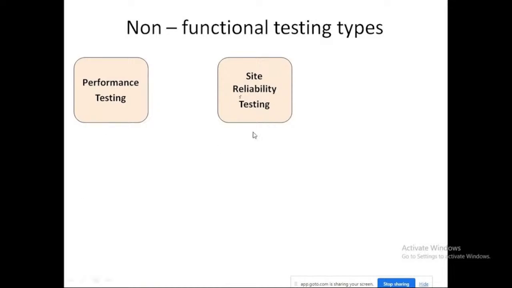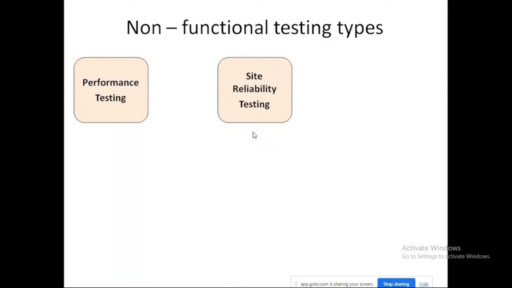Let's say there is no earthquake, but my application goes down. The functionality might be working, but if the application itself is not up and running, what will I do with the functionality? Site reliability testing is otherwise known as operational acceptance testing or operational readiness testing, meaning my operations should be running successfully.